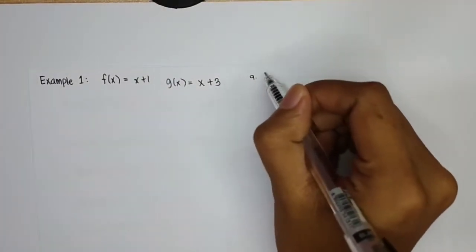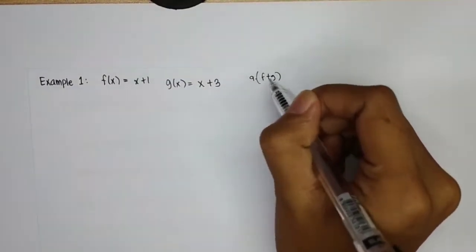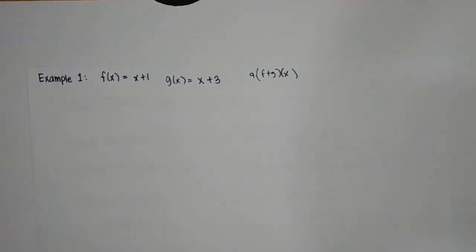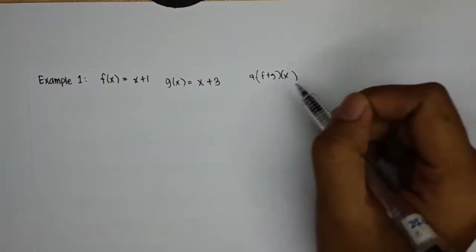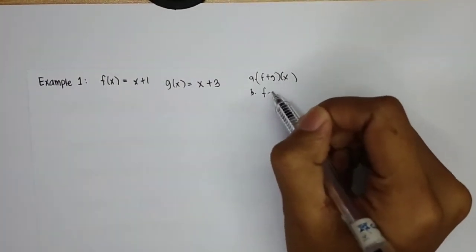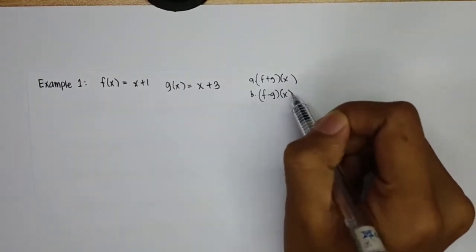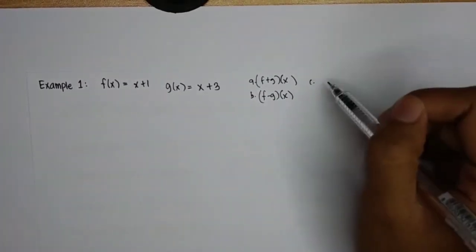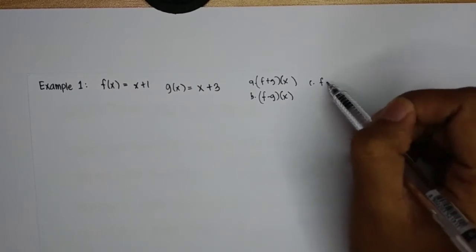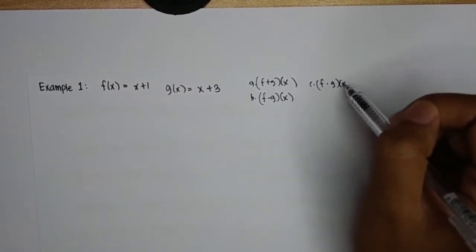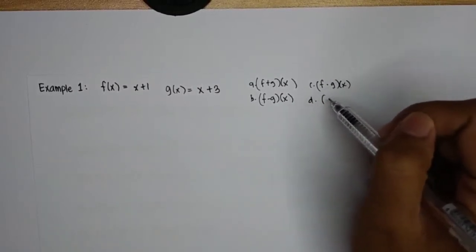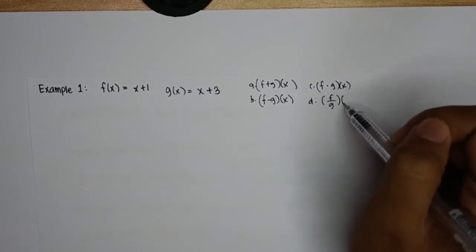We have first, a, f plus g of x. Then we have b, which is f minus g of x. Then c is f times g of x. Letter d is f divided by g of x.